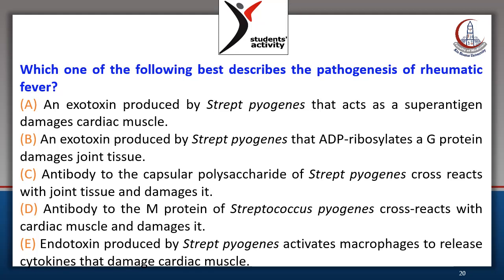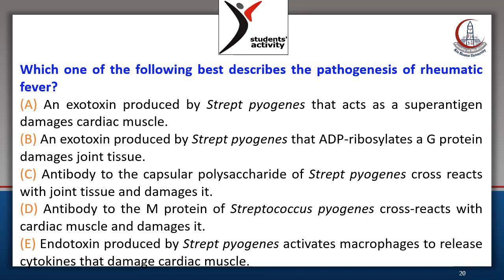Which one of the following best describes the pathogenesis of rheumatic fever? A. An exotoxin produced by Streptococcus pyogenes that acts as a superantigen which damages cardiac muscle. B. An exotoxin produced by Streptococcus pyogenes that ADP-ribosylates a G protein and damages joint tissue.